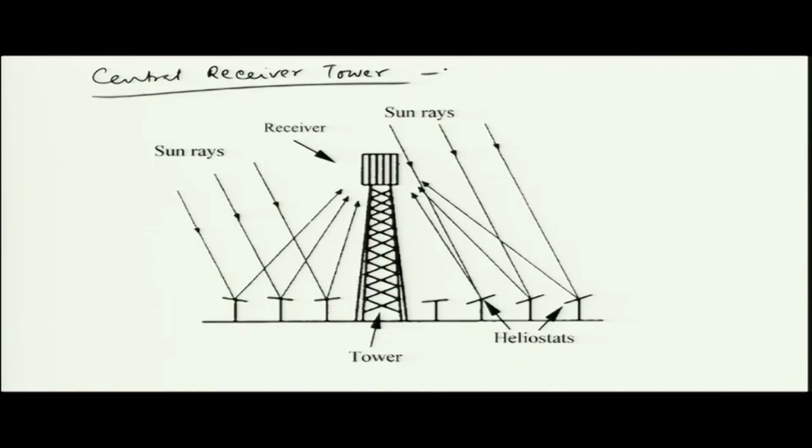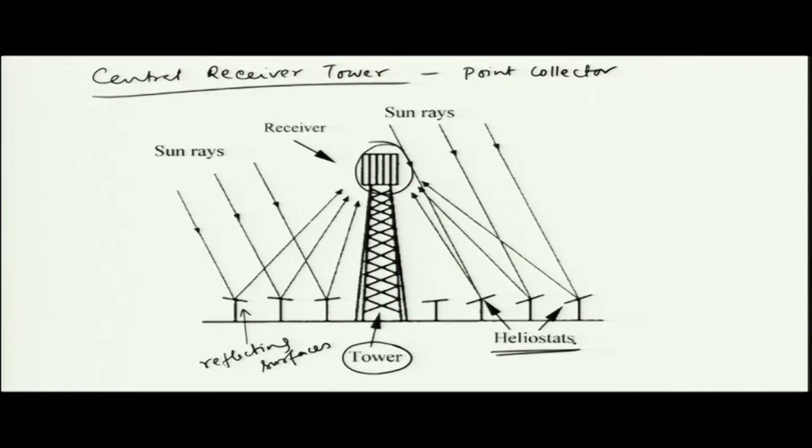Again it is a point collector, and what it does, in a big field you put in the middle of that field a tower, okay, tall tower, and on top of that you have some collector, and around it in circular positions you put a lot of these reflecting surfaces. Okay. These are reflecting surfaces. So, here you see these are called heliostat.